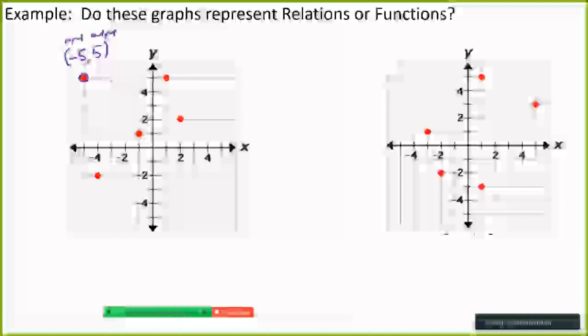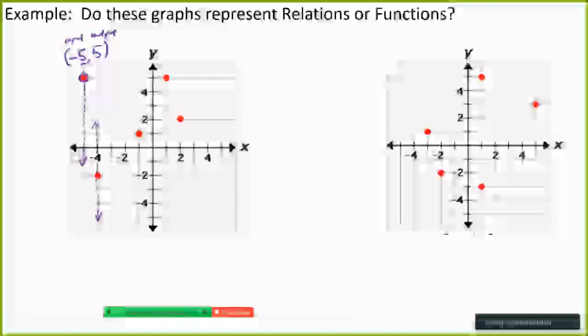So how do we figure out if these represent relations or are they the special type, the function? We're doing the vertical line test. So draw a vertical line through each dot you see, every ordered pair. Okay, this first one here, the -5, 5, vertical line does not hit any other points. So far so good. The next one, vertical line up and vertical line down.